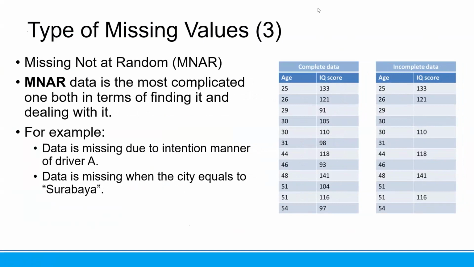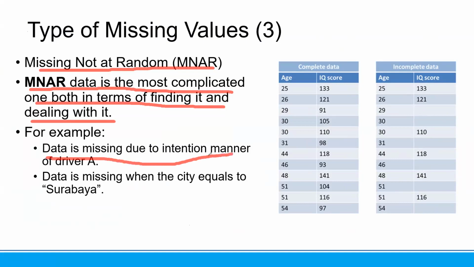There's another type, we call it missing not at random, MNAR. MNAR data is the most complicated one, both in terms of finding it and dealing with it. So it is complicated to understand this MNAR, missing not at random. Let's say data is missing due to the intentional manner of driver A. Maybe when you have a company, a logistics company, okay?